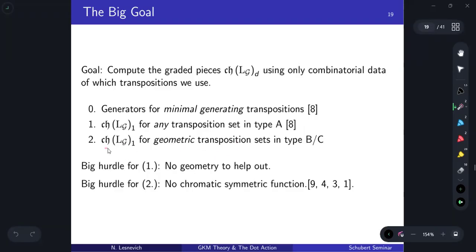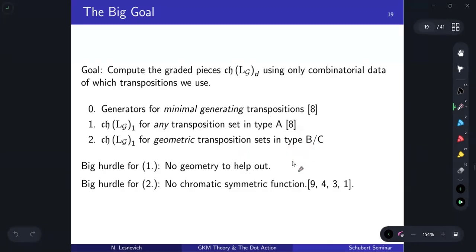And finally, we'll be able to do the same computation specifically in the geometric case, the one that corresponds to regular semisimple Hessenberg varieties in types B and C.